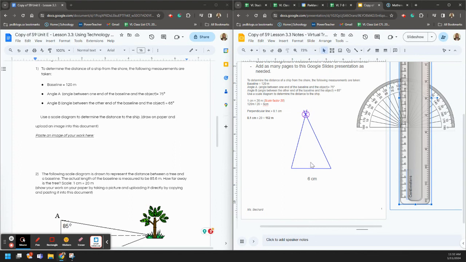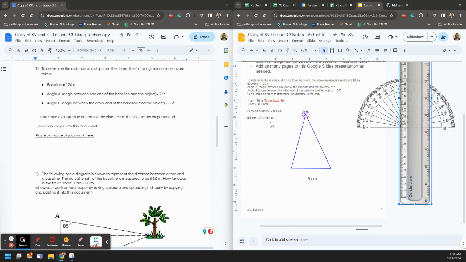And once we did that, we used the ruler once again to trace how far out on our map on paper the boat would be from the baseline, the shoreline. And from here, we were able to measure out 8.1 centimeters. And we now need to convert it back into meters so that we have a real life measurement for how far out the boat is from the shoreline.